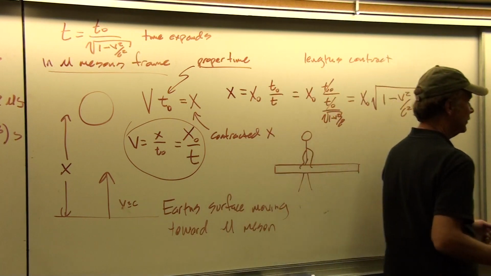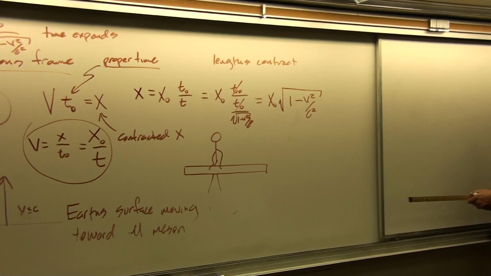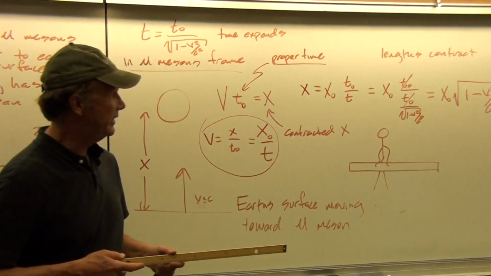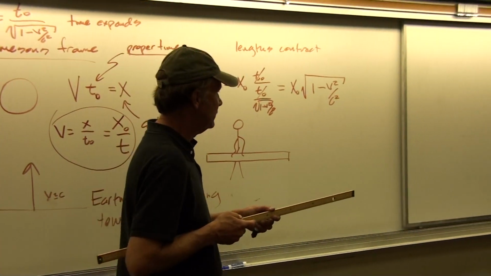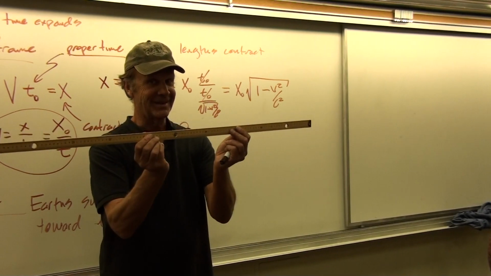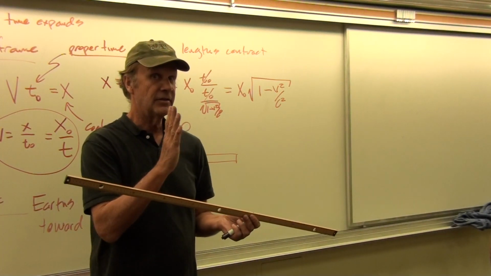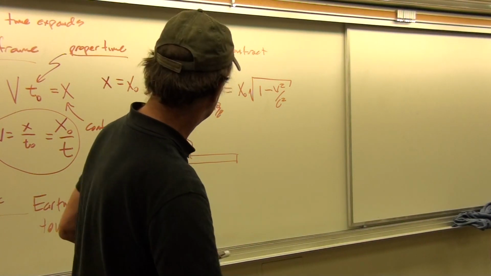And so as I run across the room, say I had a lot of coffee to drink, and I'm able to get going at super fast speeds. So I start running like this. What's going to happen, I wish I had a telescoping meter stick, is that the meter stick's going to get shorter. I'm going to get skinnier in the direction of my motion, which is okay with me.